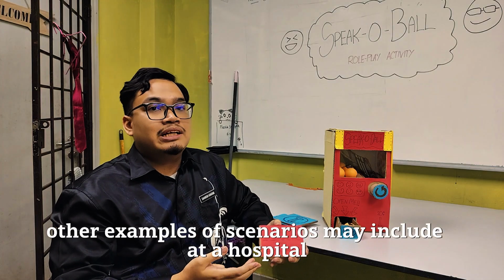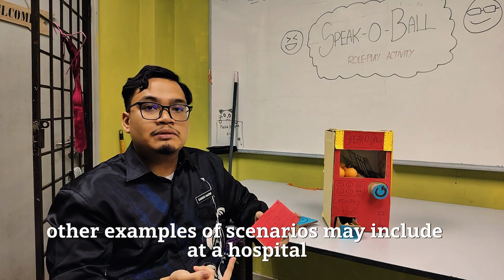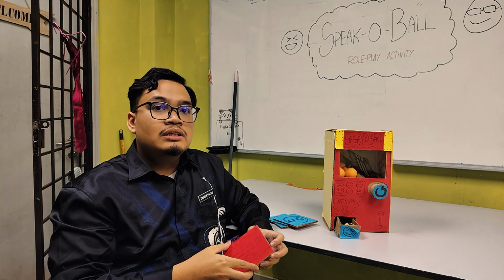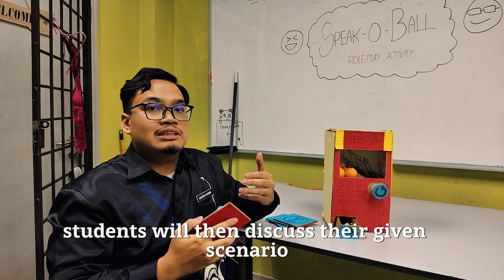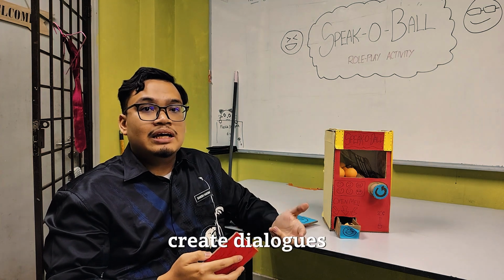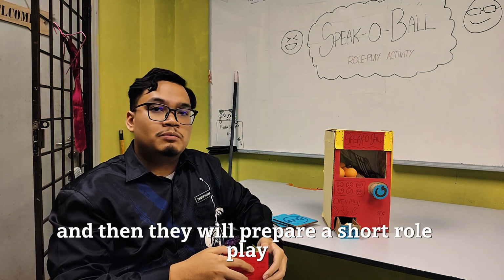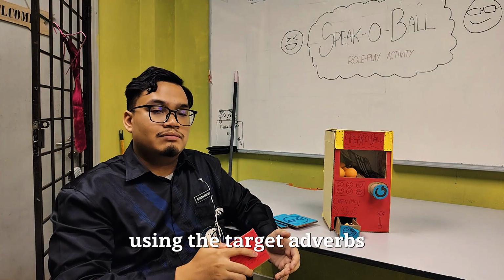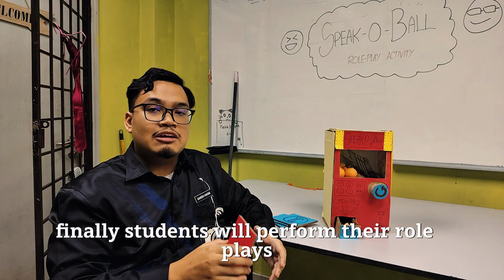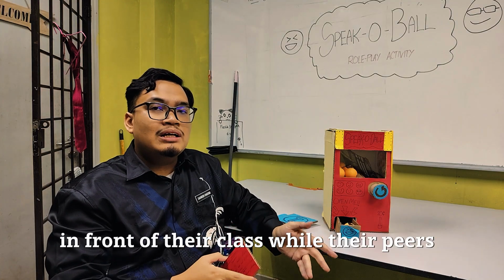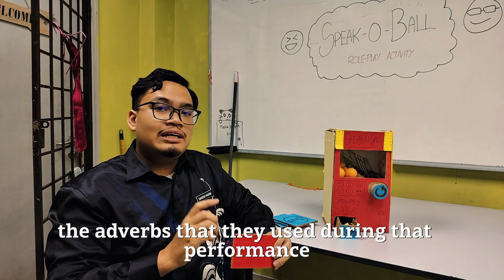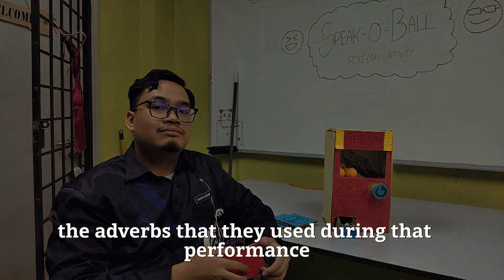Other examples of scenarios may include at a hospital, restaurant, police station, or airport. Students will then discuss their given scenario, assign the suitable roles, create dialogues, and then they will prepare a short role play using the target adverbs. Finally, students will perform their role plays in front of their class while their peers have to identify the adverbs that they used during that performance.